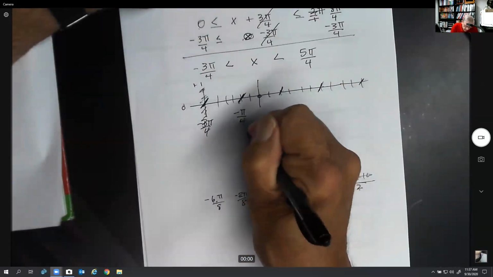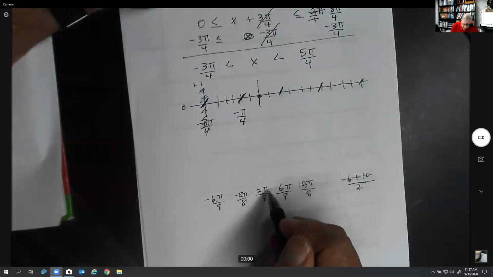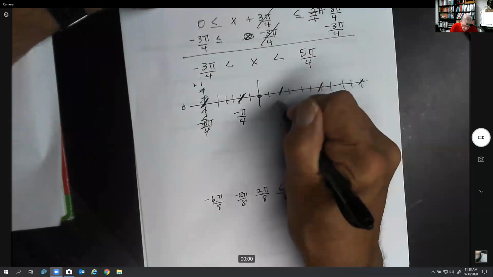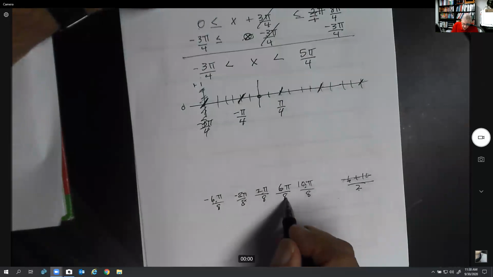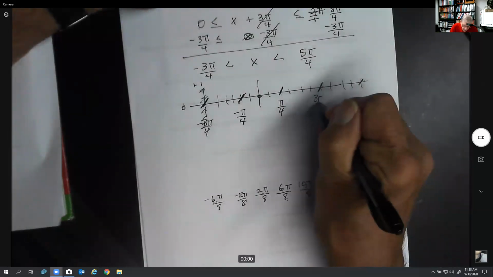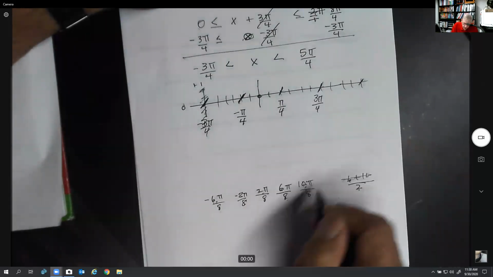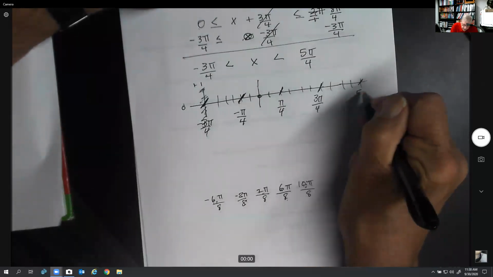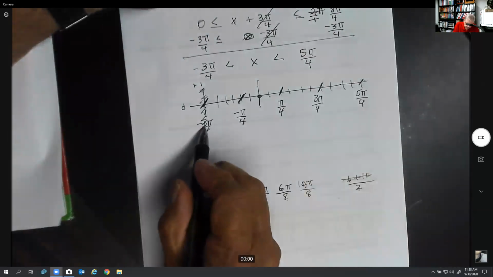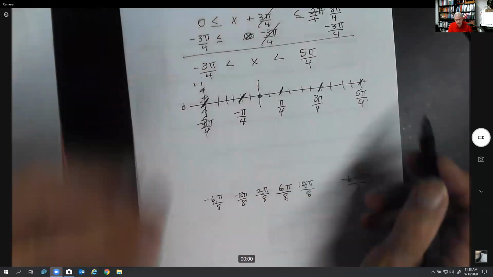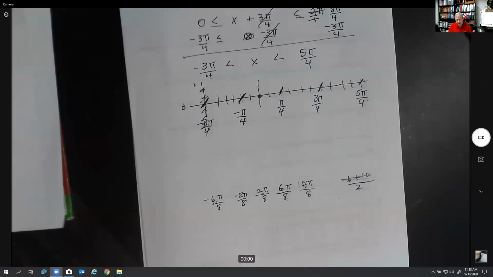I could have probably stayed with fourths, and I kind of jumped the gun. This would be positive pi over 4. Divide by 2, 3 pi over 4. And finally, divide by 2, 5 pi over 4. You see, that meets our criteria. It goes from negative 3 pi over 4 to 5 pi over 4. I could have divided up into fourths instead of eighths on this one, but sometimes you don't know.